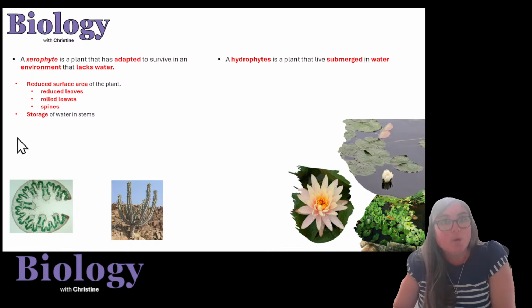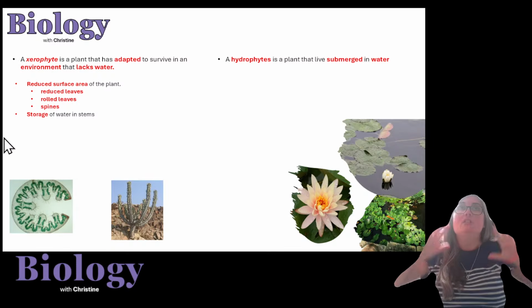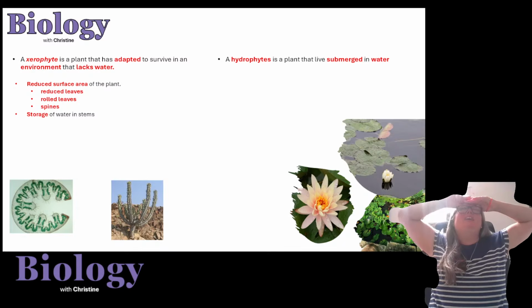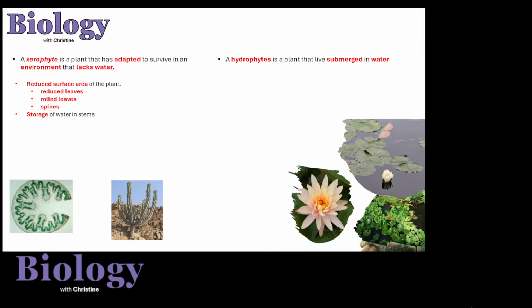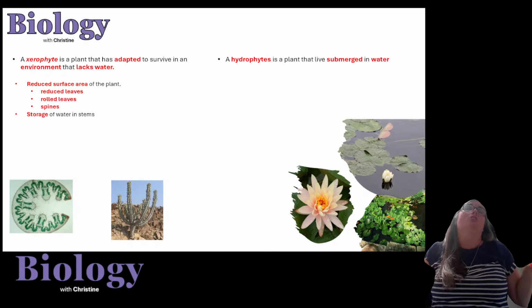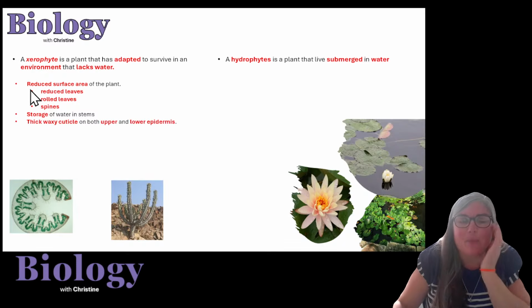They're going to have storage of the water in stems. I could see a question coming up looking at maybe an animal against a xerophyte and how they have adapted to survive in areas where there's not very much water available, for example.